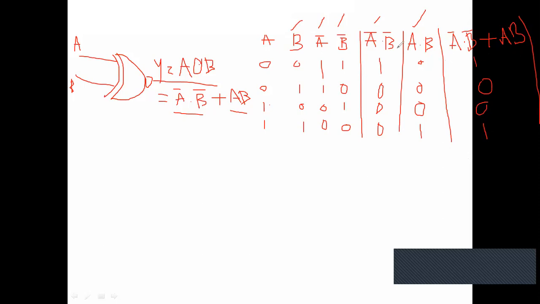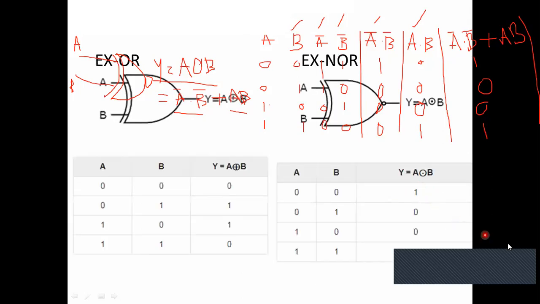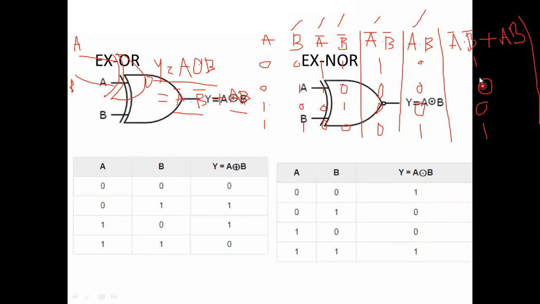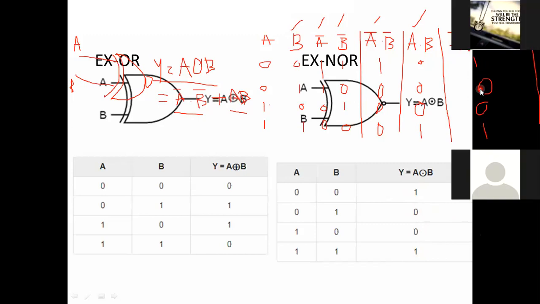For this expression, this is the truth table. Okay, Amma. This is the way to draw the truth table for this expression. Now see the truth table for the XNOR gate. This is the truth table for the XNOR gate: 1 0 0 1. Are you getting the same here?